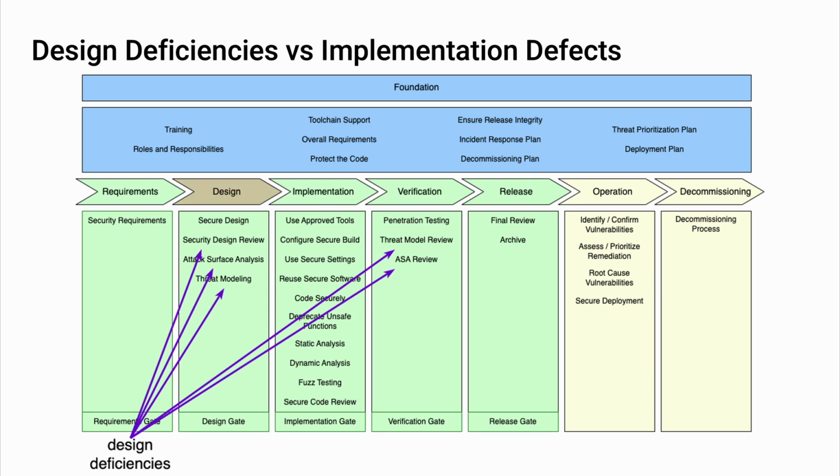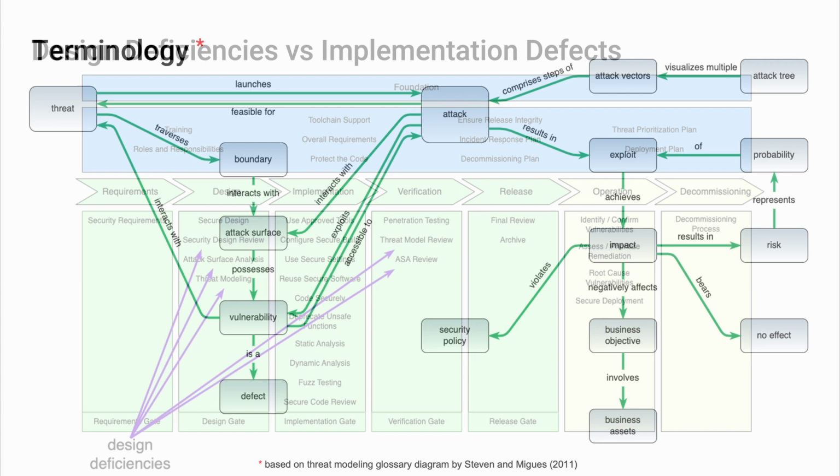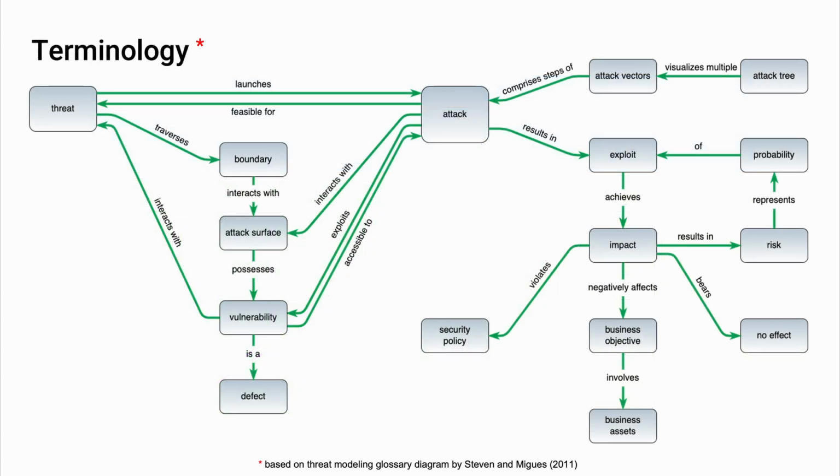It's within the processes addressing design deficiencies where we'll find threat modeling. You'll note that it has a dual in the verification phase where we perform a threat modeling review. This allows us to ensure that those deficiencies that we've identified in the design phase were in fact corrected in the verification phase.